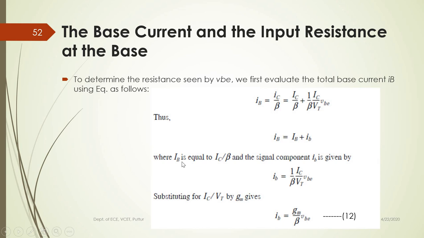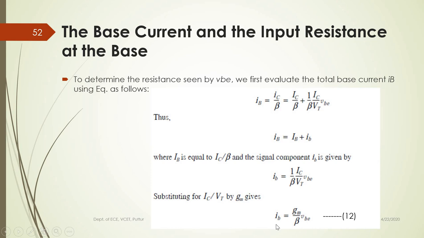Here, capital letter IB is equal to IC by beta, and the signal component iB, that is the AC component, is given by IC by beta into VT into vBE. Substituting for IC by VT: we know IC by VT is nothing but GM.